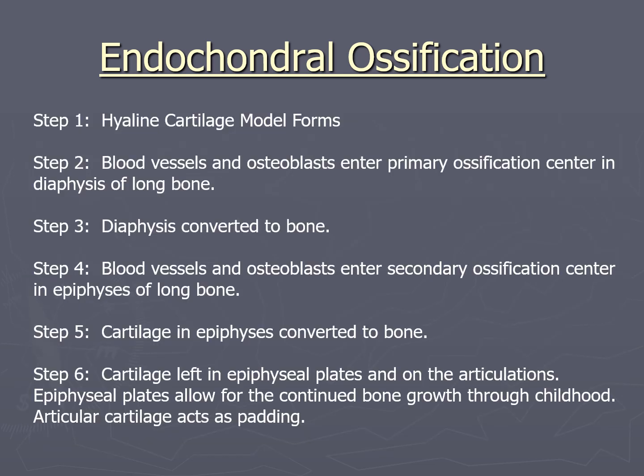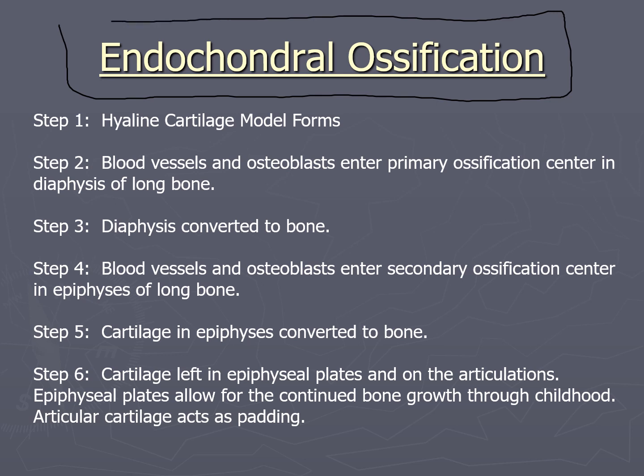Here is the step-by-step description of endochondral ossification. In terms of what you need to write down, basically everything on this page. You will have the opportunity later to add information about the types of bone cells, so I'm not worried about that for today.